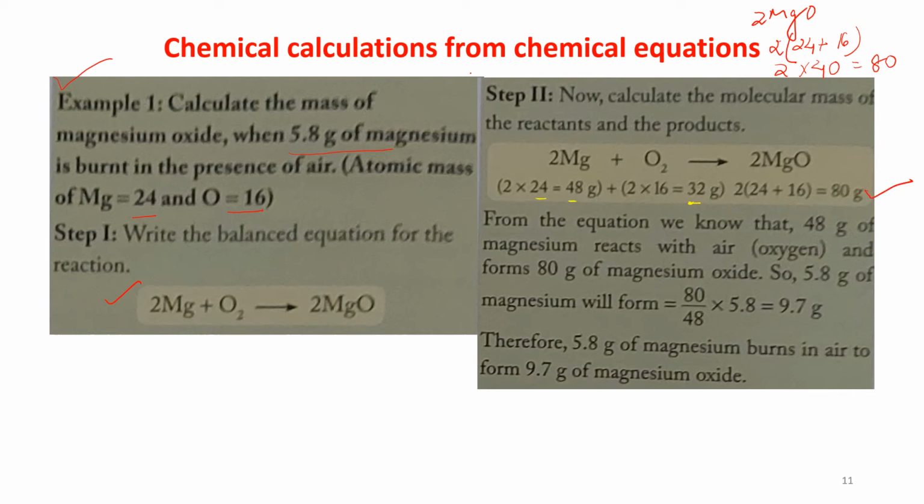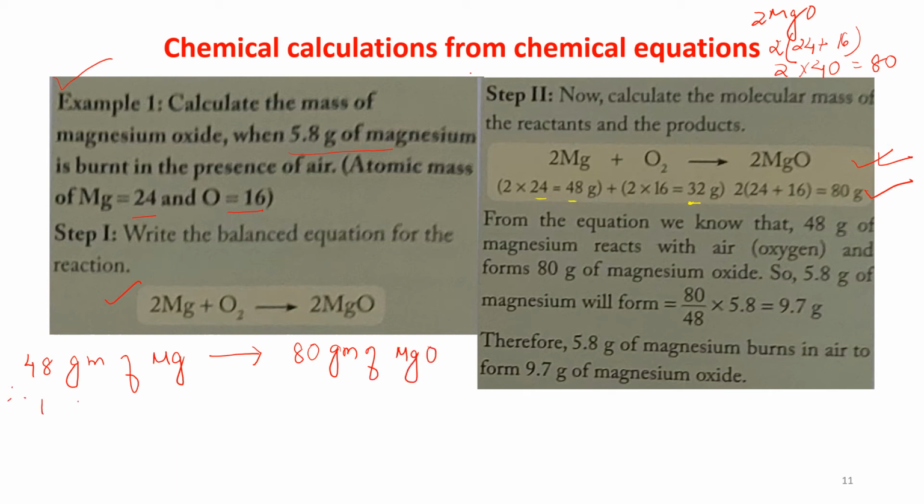Now the question is that calculate the mass of magnesium oxide when 5.8 gram of magnesium is burnt in presence of air. That means you have to find out the mass of magnesium oxide. You can do it with simple unitary method. From this equation we can write that 48 gram of magnesium when burnt in oxygen in air is giving 80 gram of magnesium oxide.